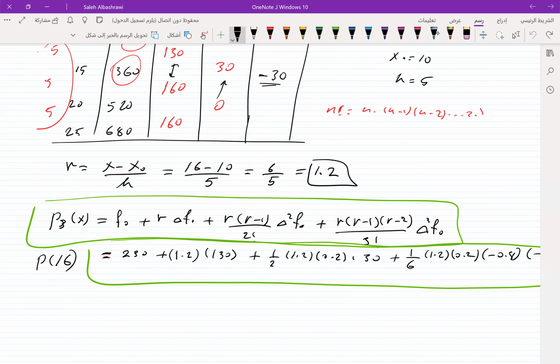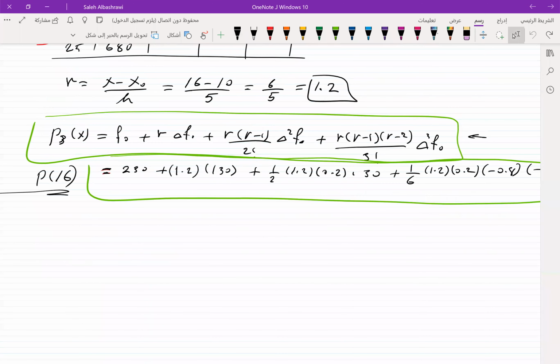This is the general form for the polynomial because r is a function of x. If we replace x by 16, I will get the value which is b of 16. So the v of 16 is approximated by v 3 of 16. It's given by this value.